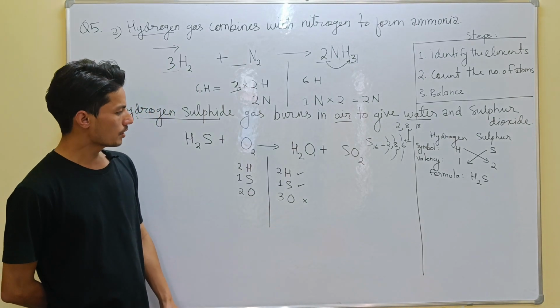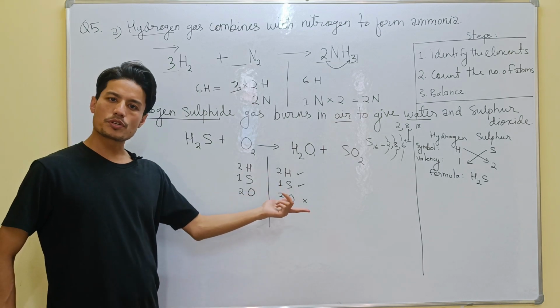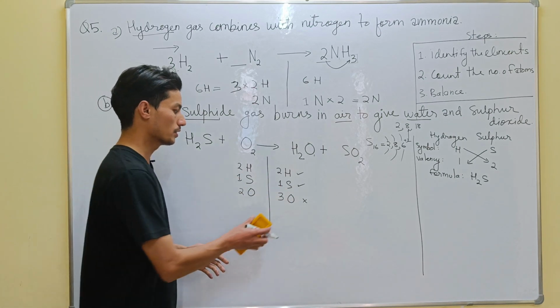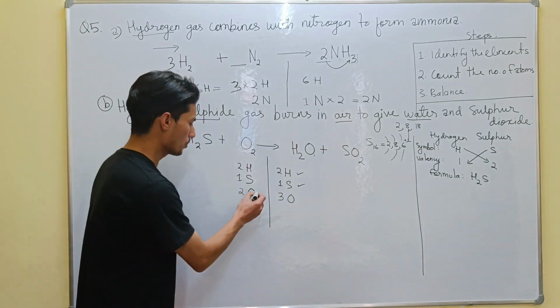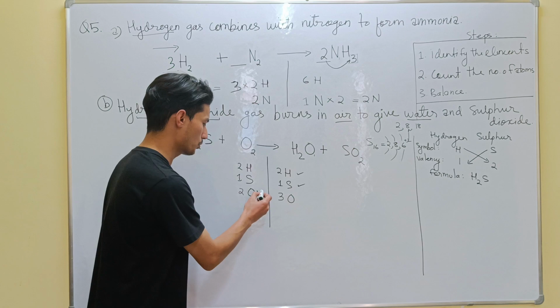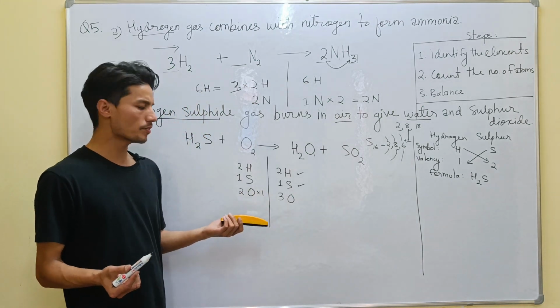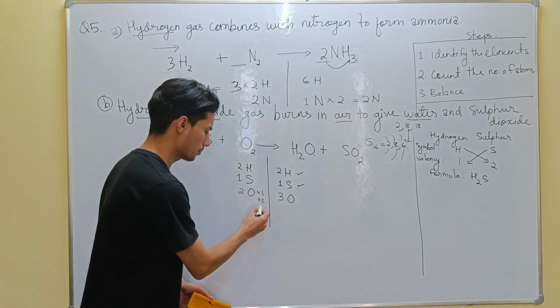So now 2 here, 3 here. What I have to do is, well, 2 cannot be made into 3 and 3 cannot be made into 2. Usually we multiply with a number. If I multiply with 1 here, then it becomes 2 only. Multiplying with 1, we get the same value. If we multiply with 2, this will become 4. If we multiply with 3, this will become 6.